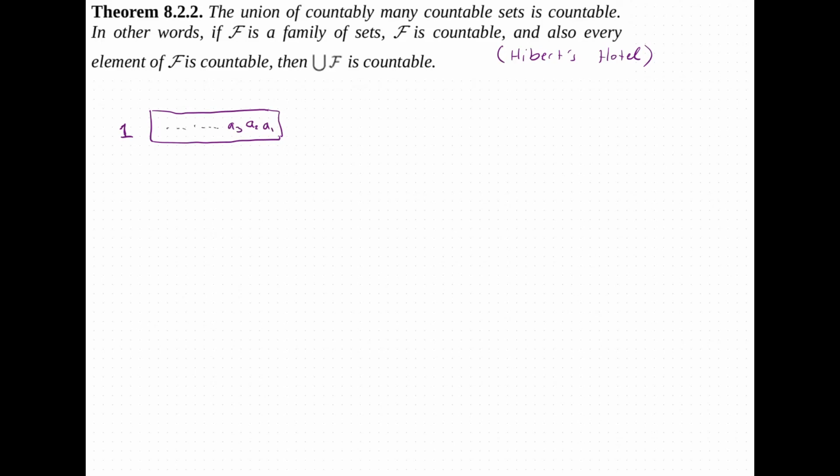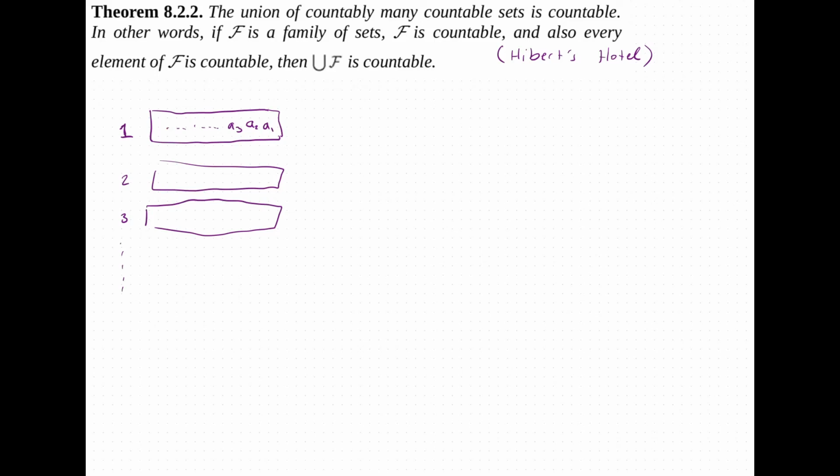But there's infinitely many people here. But then we have another bus, also with infinitely many people, labeled appropriately with the positive integers. And then we have the third bus, but then we have infinitely many buses, but infinitely many in the context of the positive integers. We have 1, 2, 3, 4, 5, so on and so forth buses.